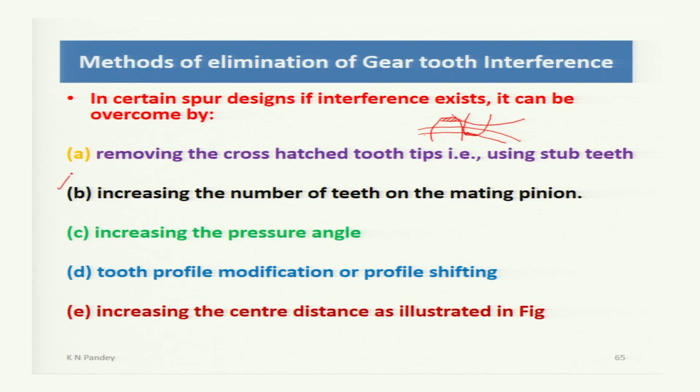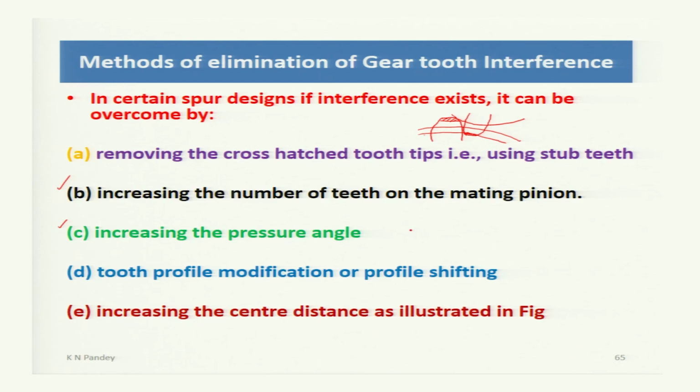The second is increasing the number of teeth on the mating pinion. Then the third one is increasing the pressure angle. But increasing the pressure angle has some other disadvantages. When we do the force analysis, we will find that the pressure angle increases the part of the load which is not taking part in transmission of the load.